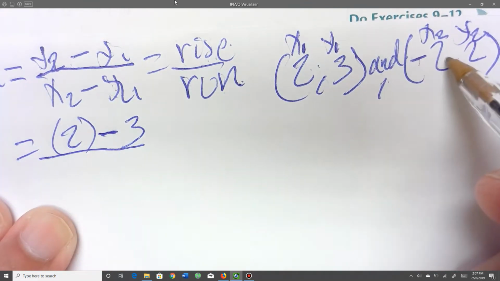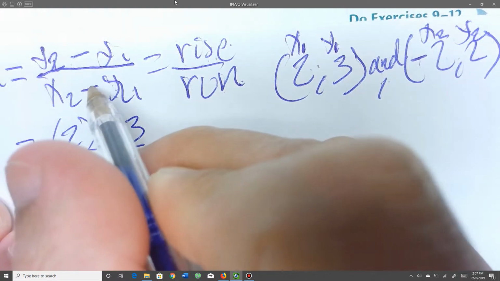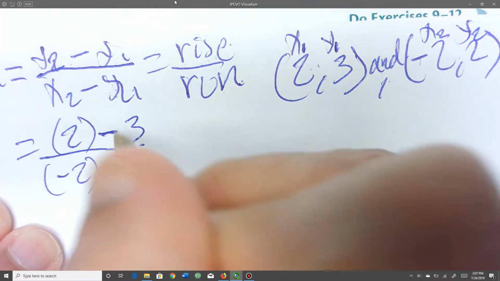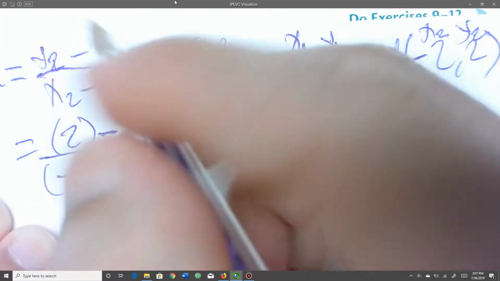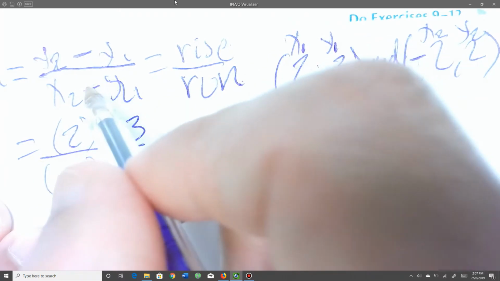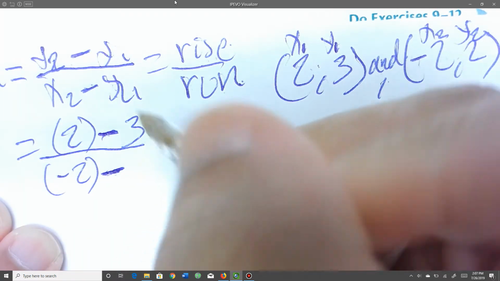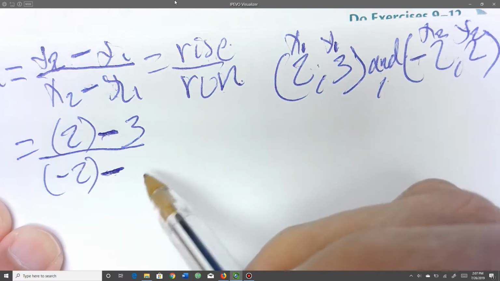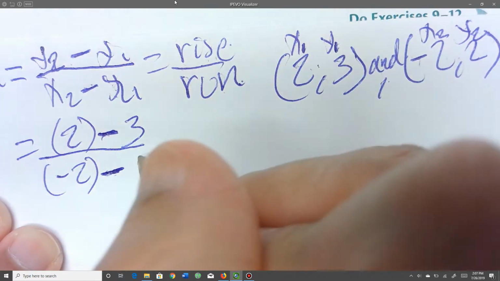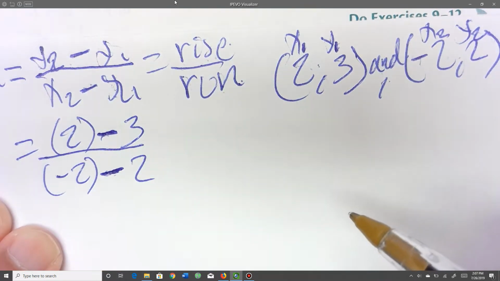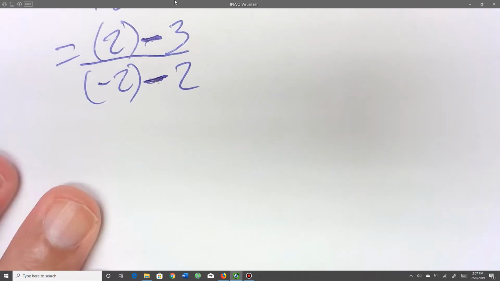X sub 2 is -2, minus from the equation. Rewrite those negative signs from the equation. This is probably what you need to do first: just rewrite the signs so you don't forget them, and then fill in the blanks. And for x sub 1, I have a +2. All right, I'm done substituting values.